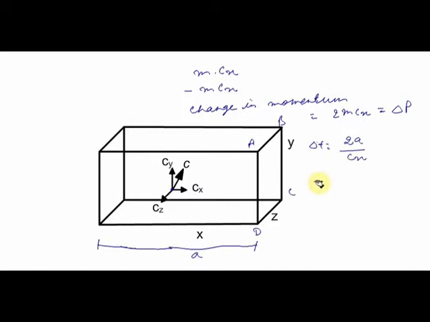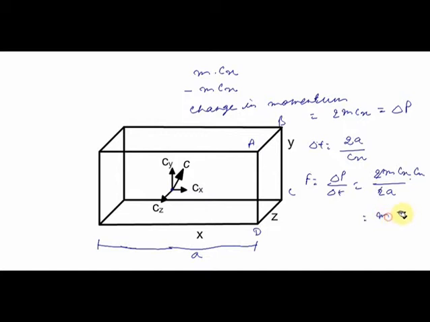So the average force exerted by this gas molecule due to this collision would be F equal to delta P by delta t, which is equal to 2mCx by 2a by Cx.